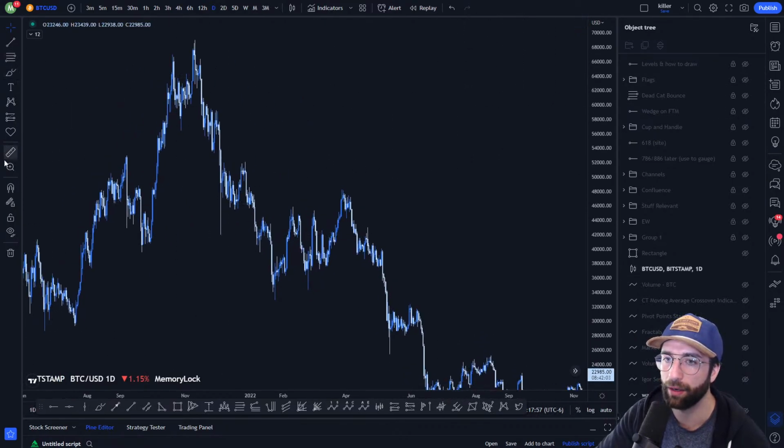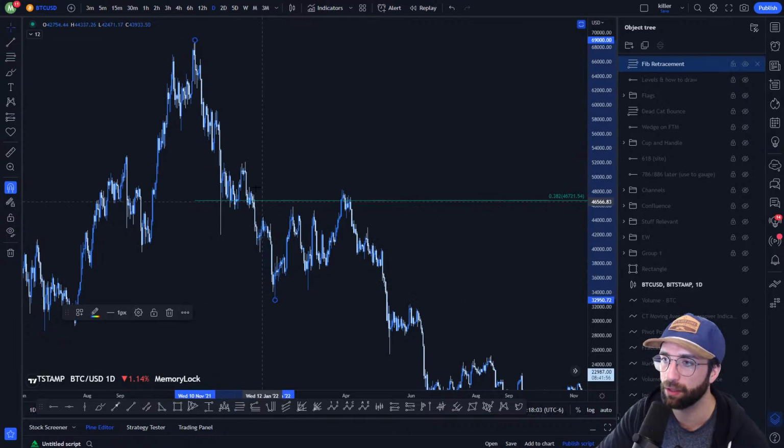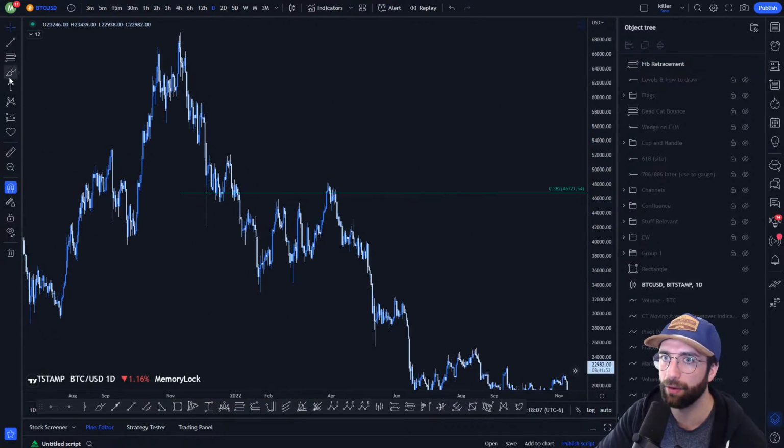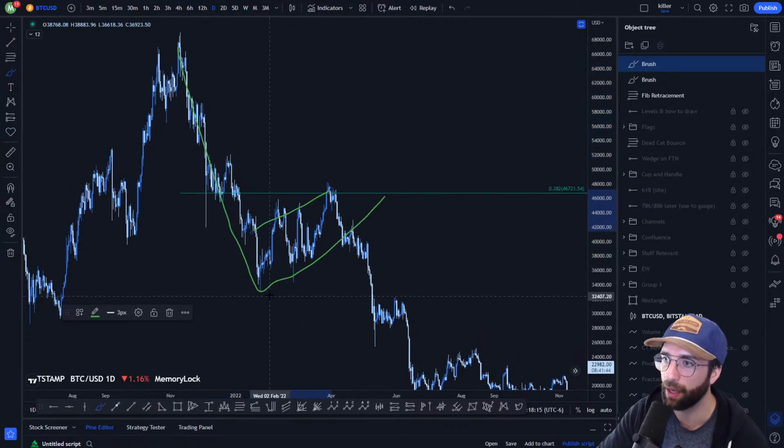So go ahead and we'll put our magnet tool on. We'll get our retracement tool left to right. So this gives us an area of resistance. And look at how nice this flag was, right? A move down, consolidation, up and into the 382, right?